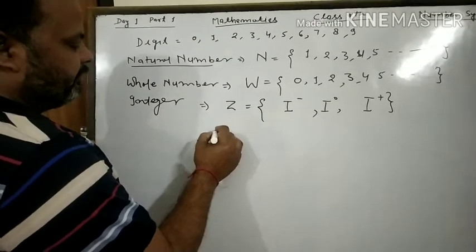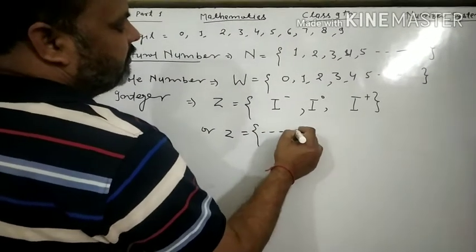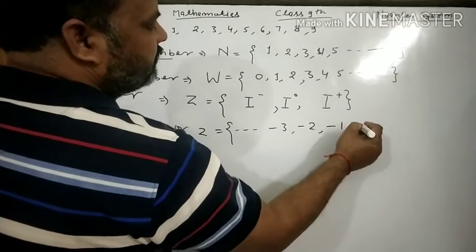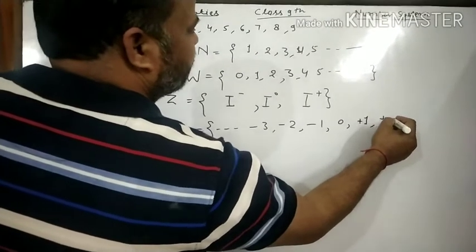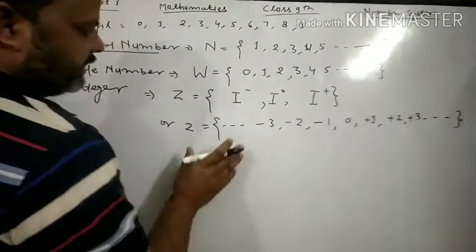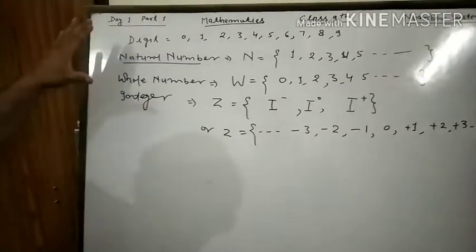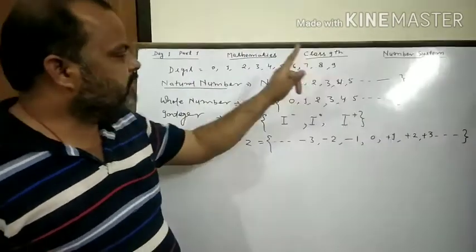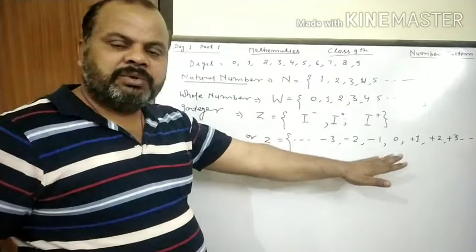Or it will be written as Z: minus 3, minus 2, minus 1, 0, 1, plus 1, plus 2, plus 3 and so on. It is the set of integers. Here, all natural numbers, all whole numbers and all integers can be represented on the number line.